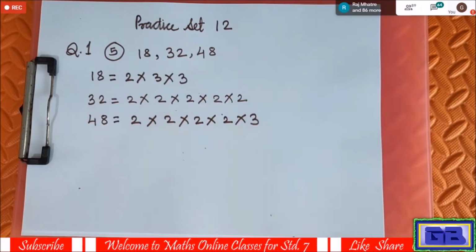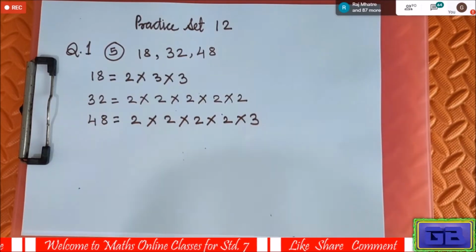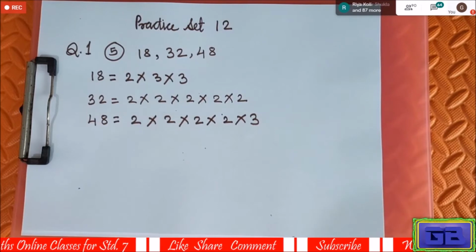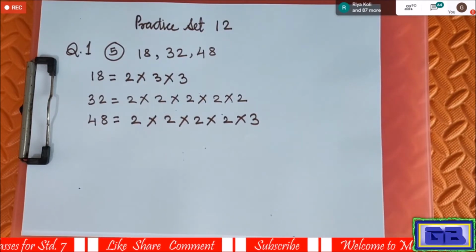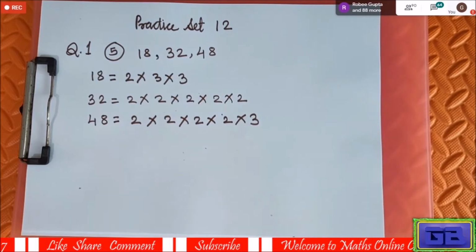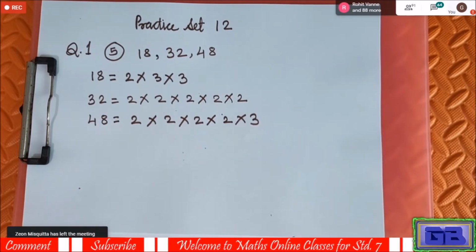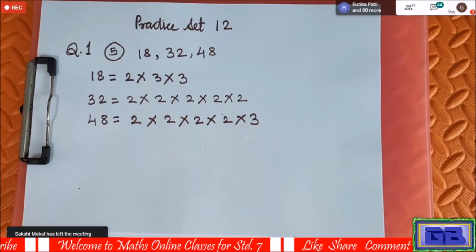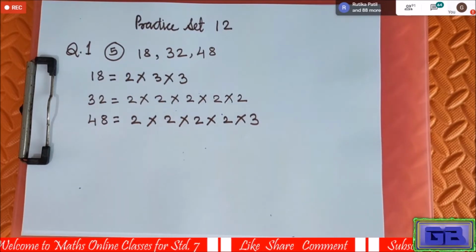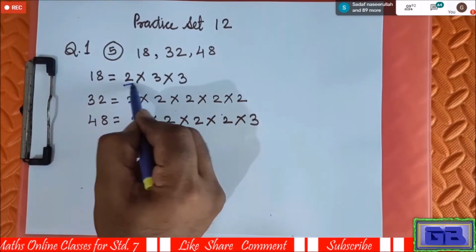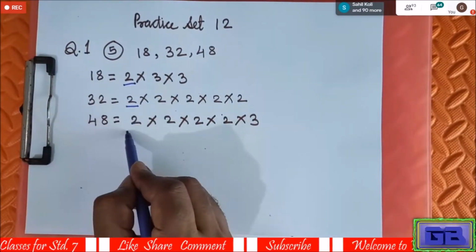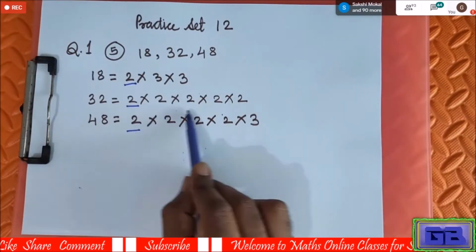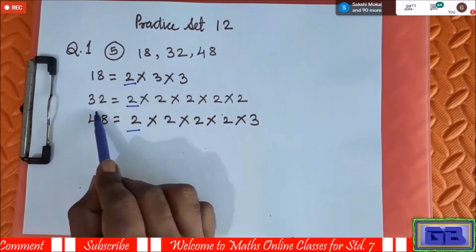Now what if three numbers are given and we have to find the HCF or GCD of these three numbers? You will find the common factors from all the three. Here 2 is there, here 2 is there, here 2 is there. Here 3 is there, but in the factors of 32, is 3 there?